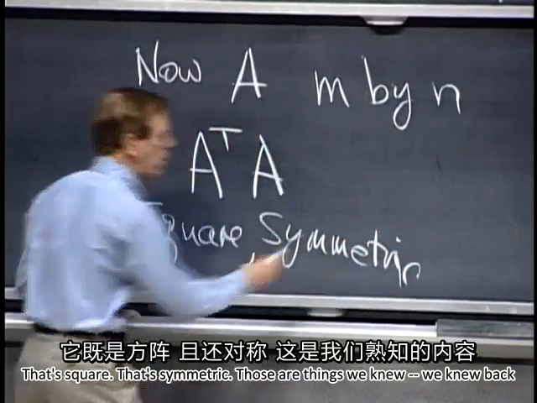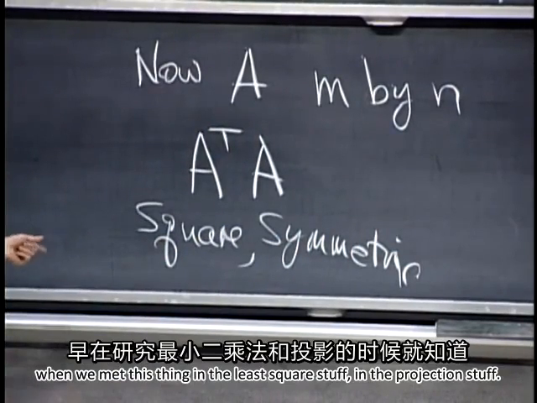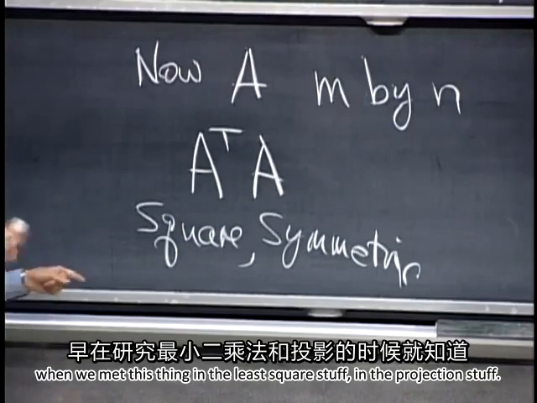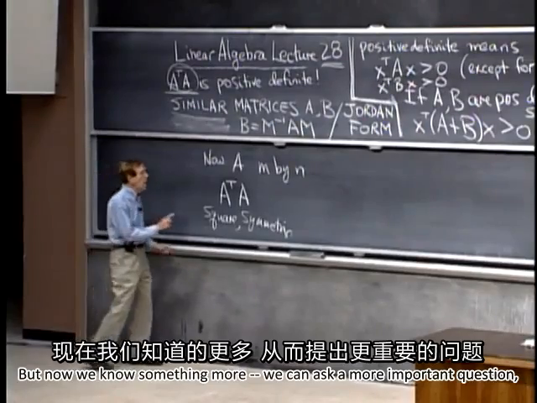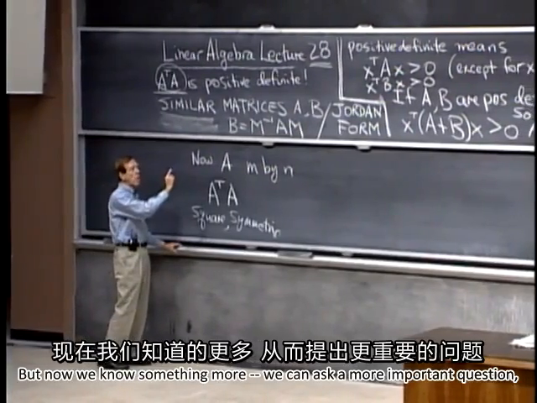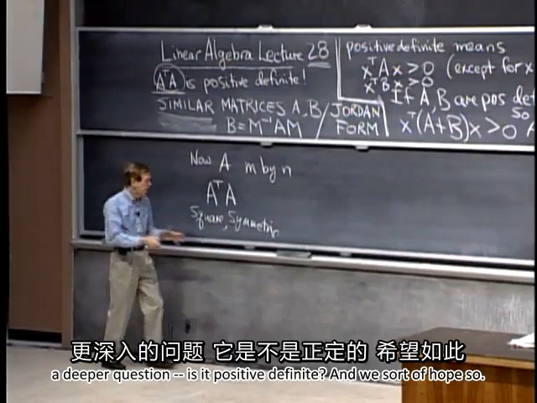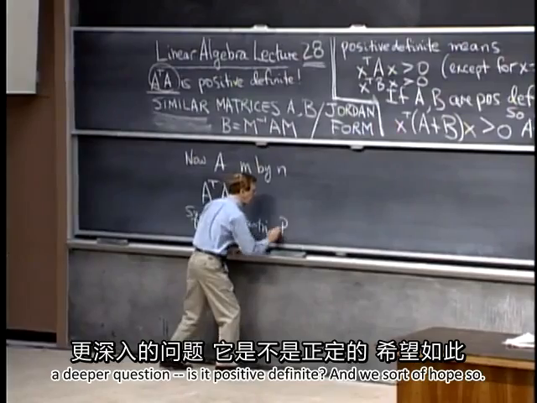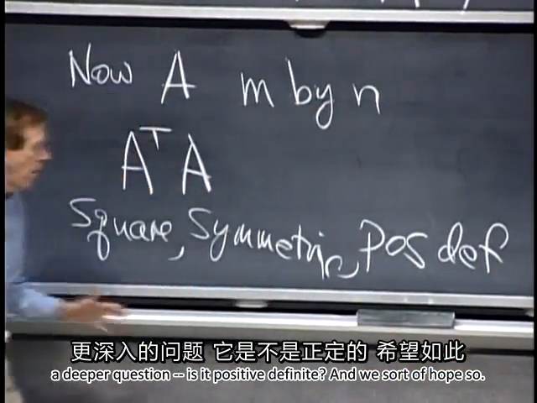Those are things we knew. We knew back when we met this thing in the least squares stuff, in the projection stuff. But now we know something more. We can ask a more important question, a deeper question. Is it positive definite? And we sort of hope so.